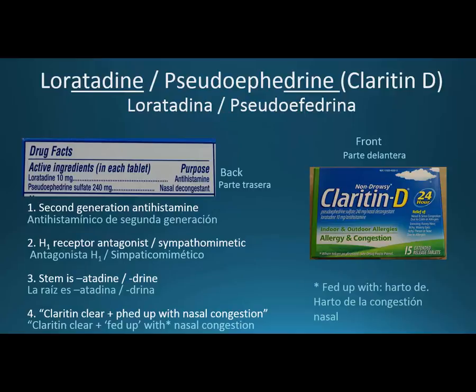Sympathomimetic just mimics the sympathetic nervous system. So antagonista H1, simpático mimético. It's very similar to sympathomimetic. Stem is atadine. We talked about this. So la raíz es atadina, or drin and drina. So again, we're changing that E to an A.